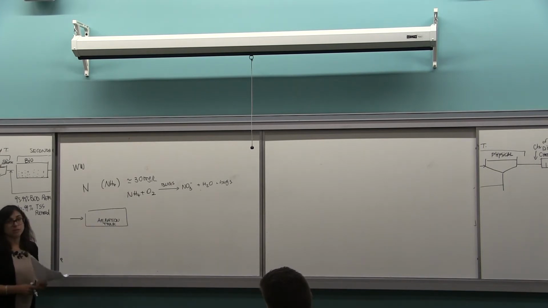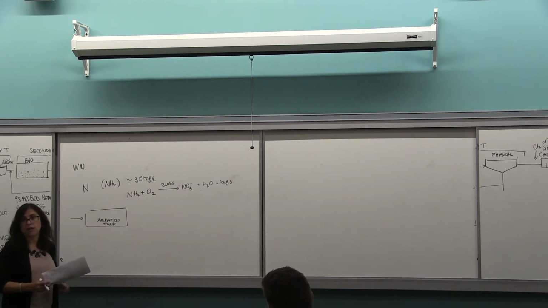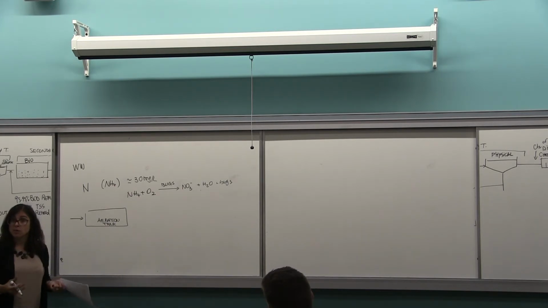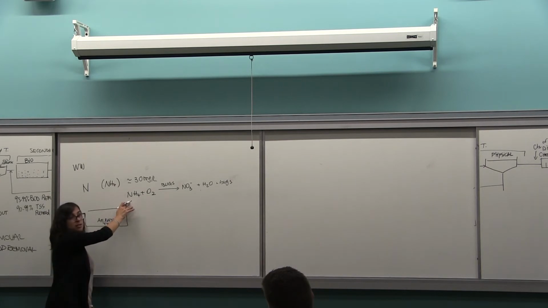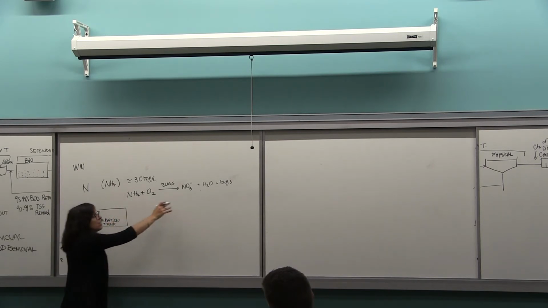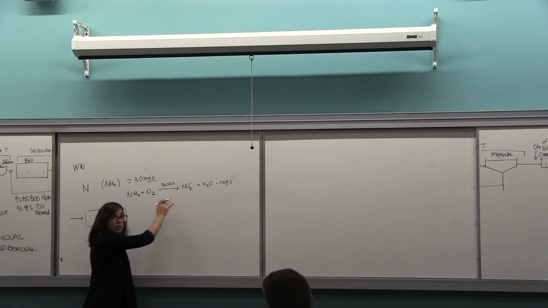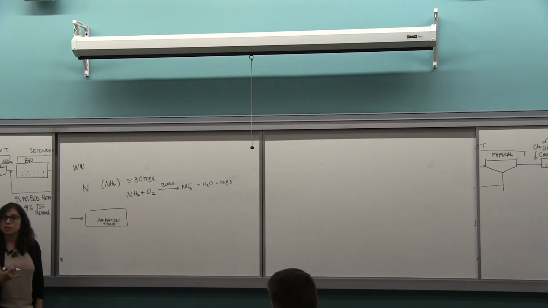This is not removal of nitrogen, it's just conversion, from ammonia to nitrate. Some plants will just require you to nitrify your wastewater because ammonia is toxic to fish. Nitrate is not. So if you are concerned with toxicity, you want to do nitrification.